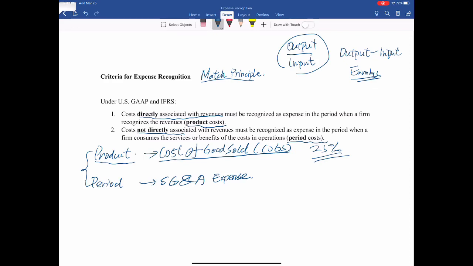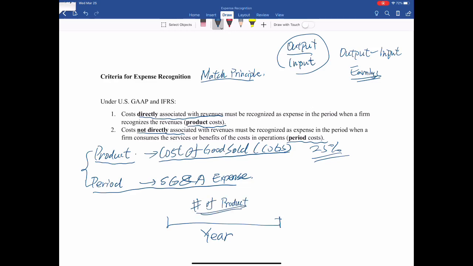The period cost cannot match the revenue the way product cost does. It embodies the matching principle by matching by time. During a period of time, maybe this is 1 year, during this year, the firm sells a number of products.